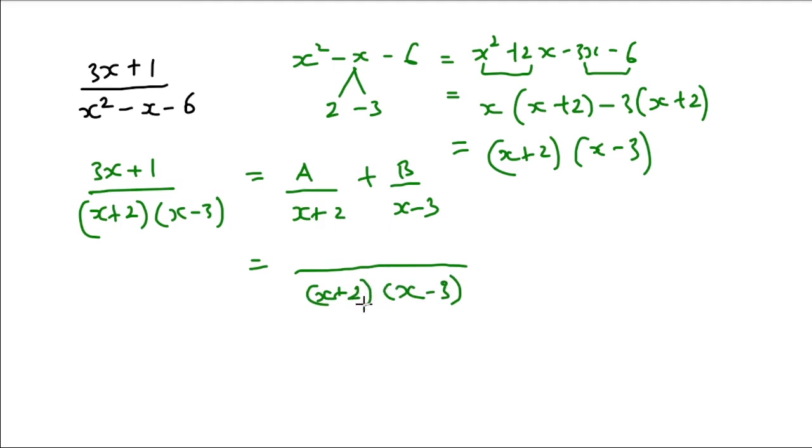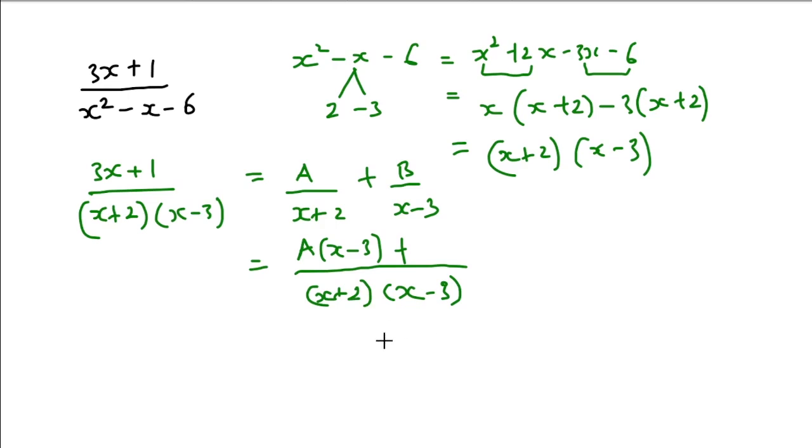So if we divide this by this, we get a into x minus 3, plus if we divide this by this, we get x plus 2 times b, which gives us b into x plus 2. So we need to find the values of a and b, and if we are successful at that, we substitute them back here, and then we have our partial fractions.